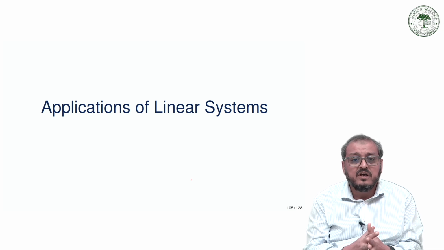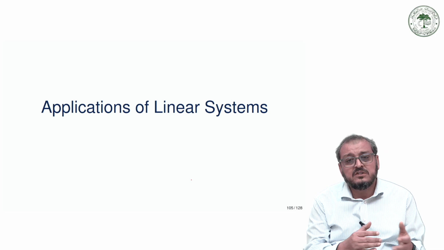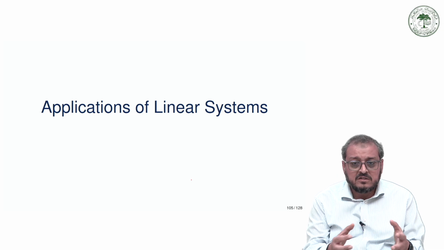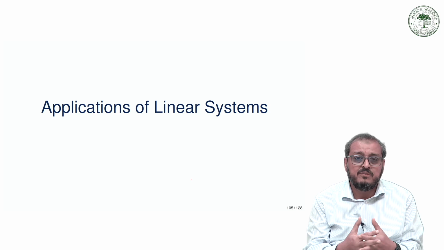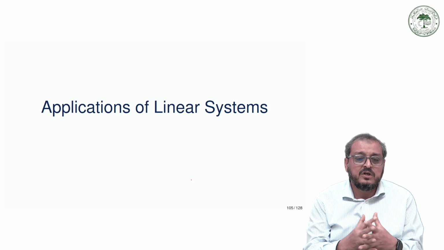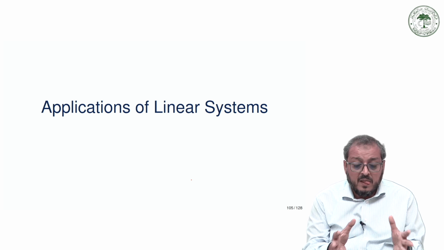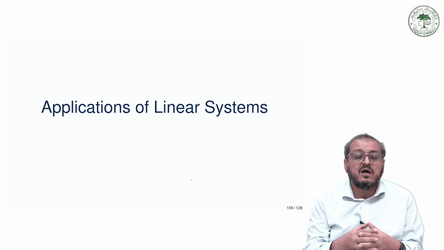We have spent many lectures on solving linear systems by various methods. One is the Gauss elimination method, another is the Gauss-Jordan method, another is the inverse method, and also the row reduced echelon form. So in this lecture we concentrate on applications.